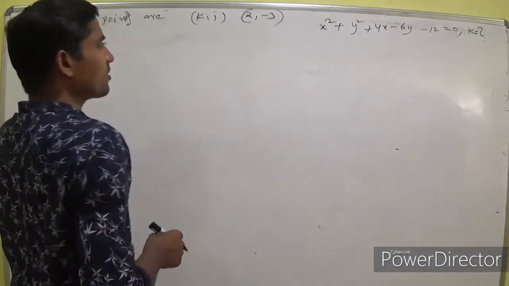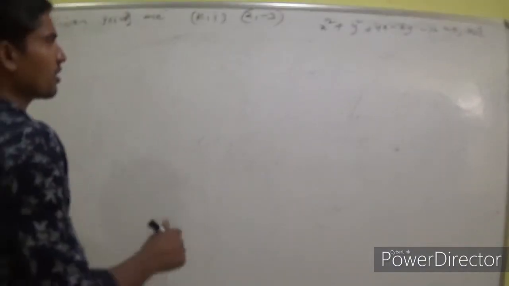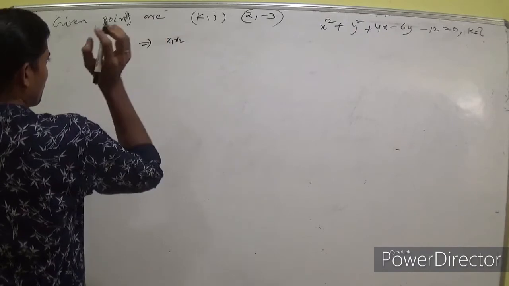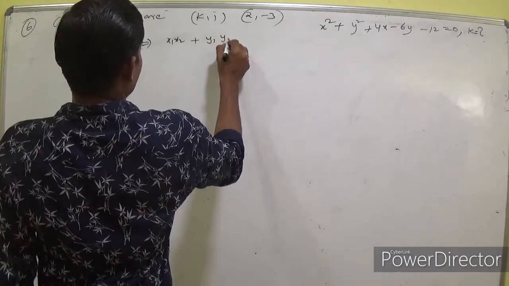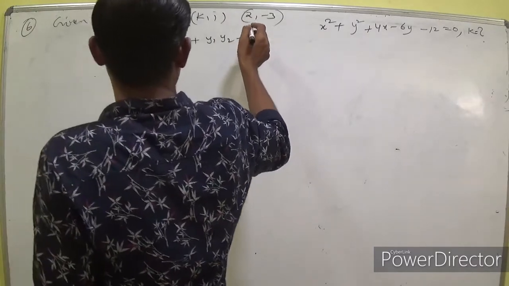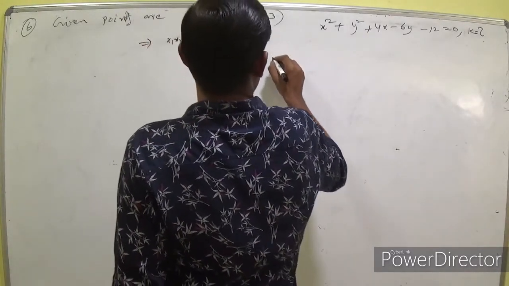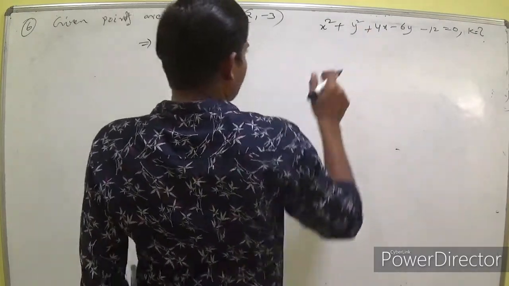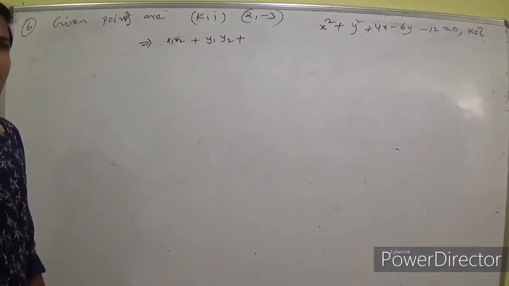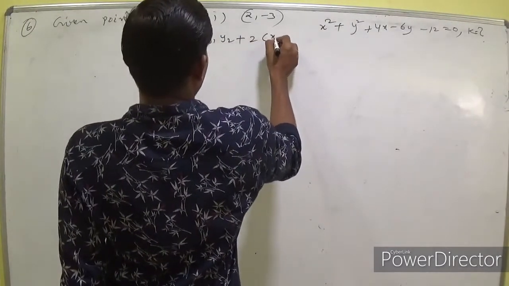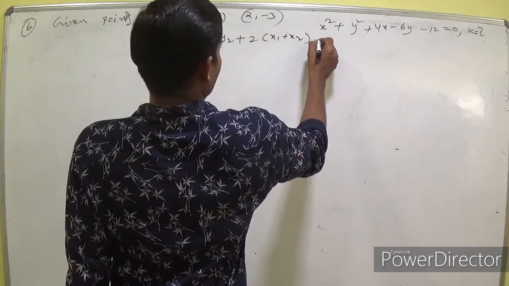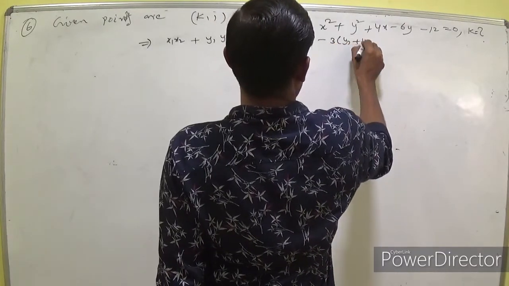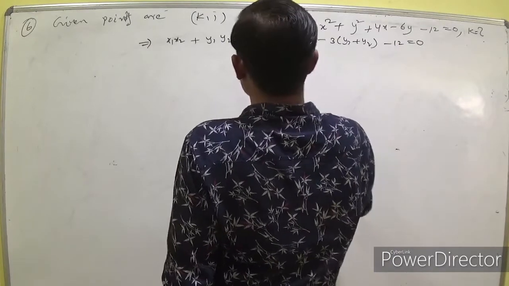These two points are conjugate, so S12 equal to 0, which implies x1 x2 plus y1 y2 plus g into x1 plus x2, here g is equal to 2, so 2 into x1 plus x2, minus 3 into y1 plus y2, minus 12 equal to 0.